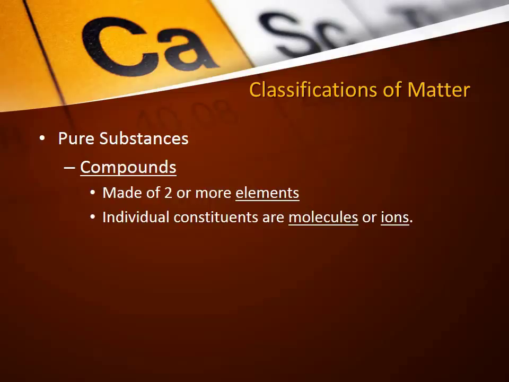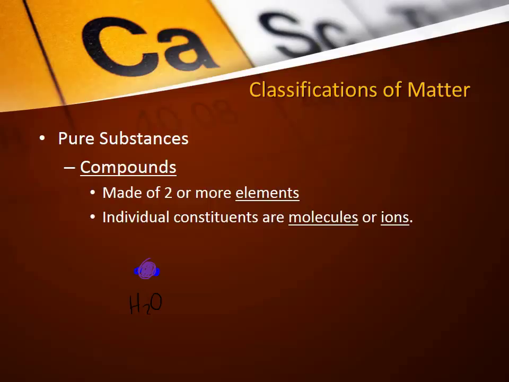Compounds, however, are made of two or more elements. Individual constituents are molecules and ions. So for example, if I have two hydrogen atoms and one oxygen atom, that could be H2O.